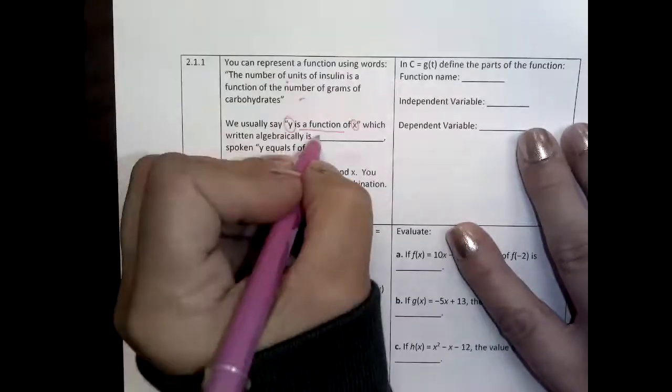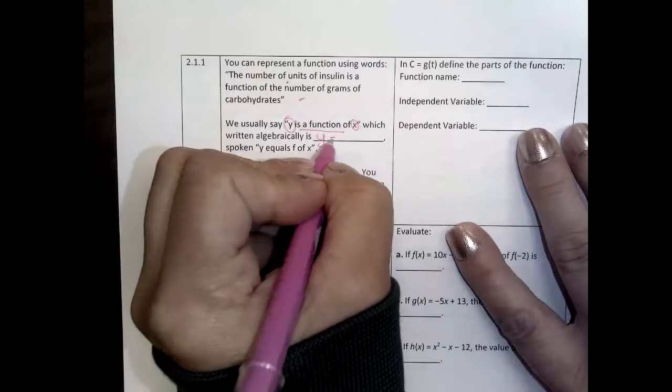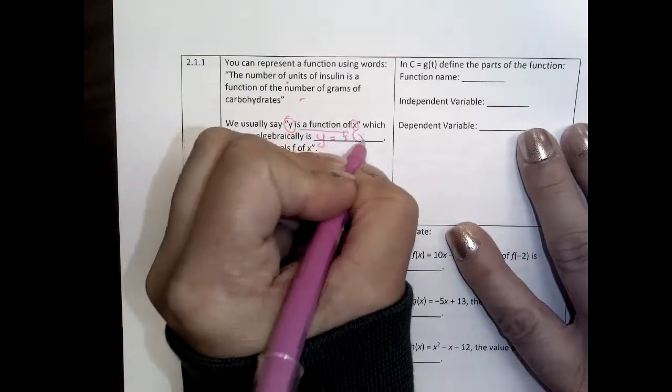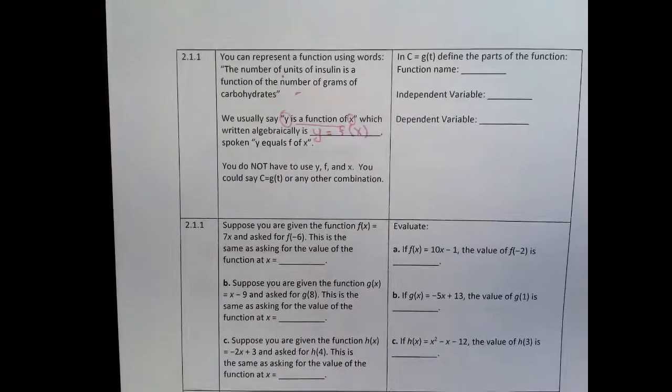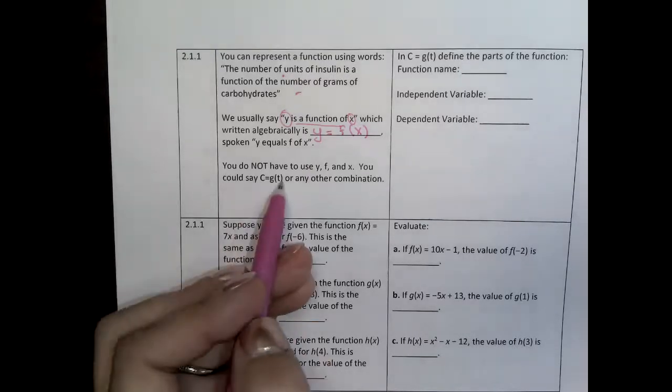When we write this algebraically, we write it as y equals f of x, with f standing for function. You don't have to use y, f, and x. You could say c equals g(t), or you guys have seen several other ways this has been done. You could say p equals r(t). There are all different letters you could use here.